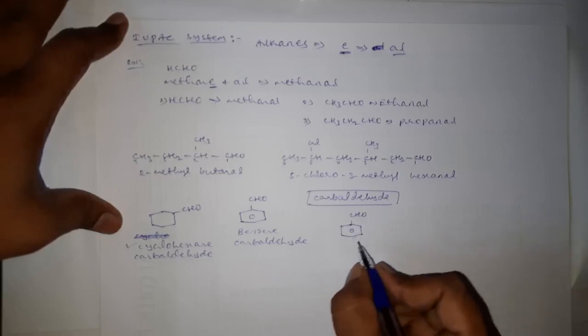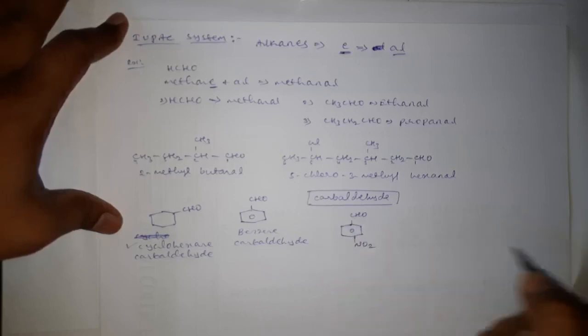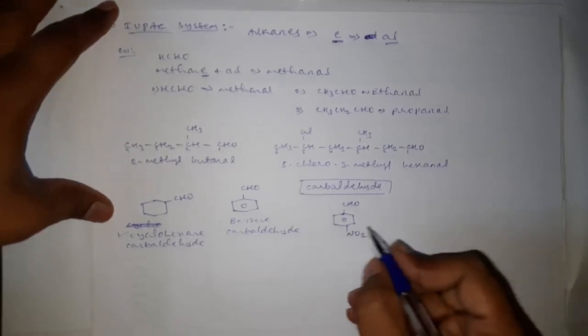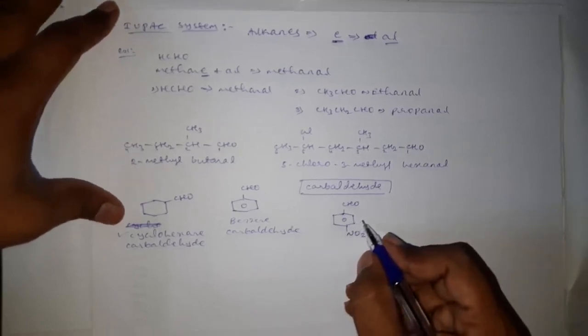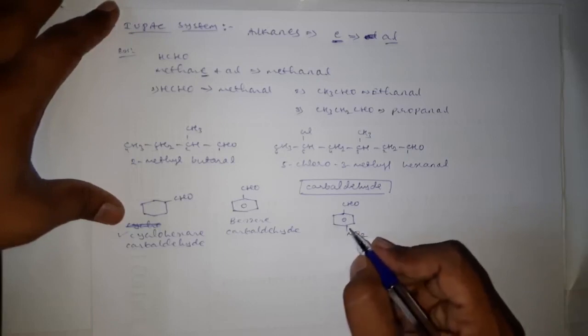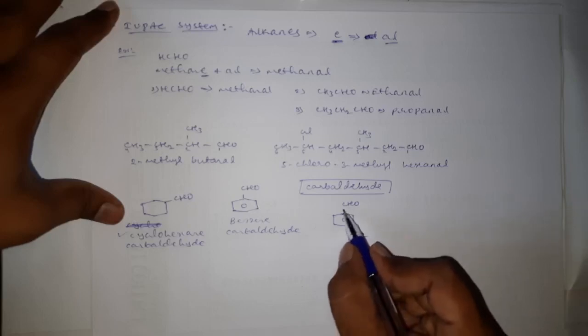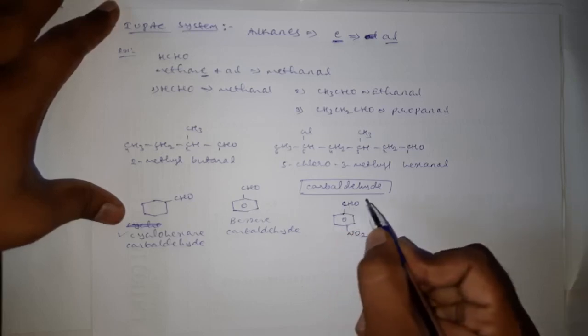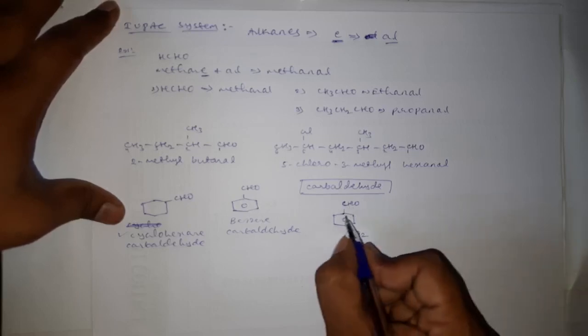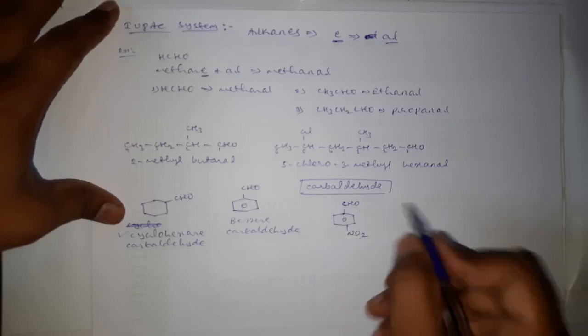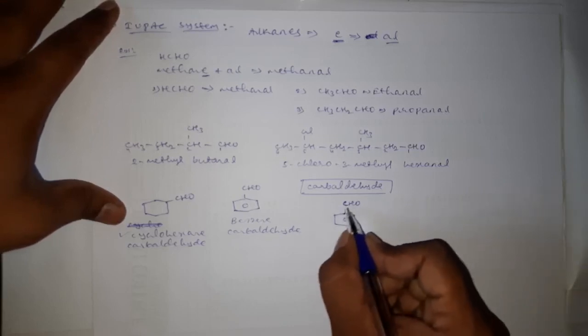Okay, or we can take this one, CHO and NO2. And for this type of aldehydes we have to start giving numbers to the ring carbons in such a way that the ring carbon which is attached to the aldehydic carbon should get the least number, or we can start numbering from that carbon which is attached to the aldehydic carbon.